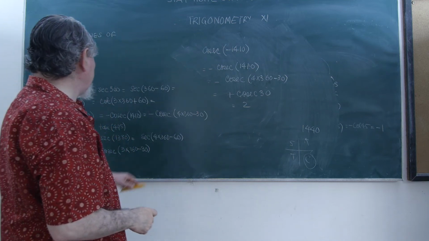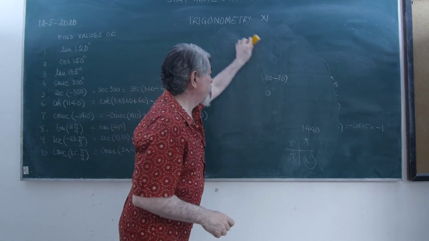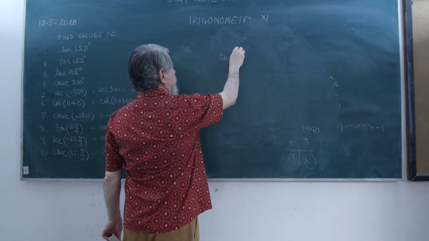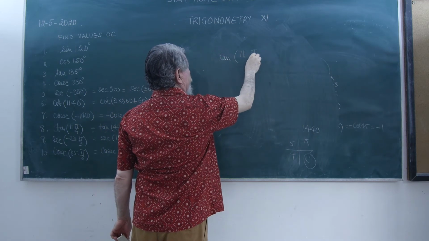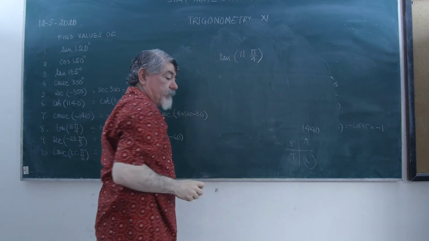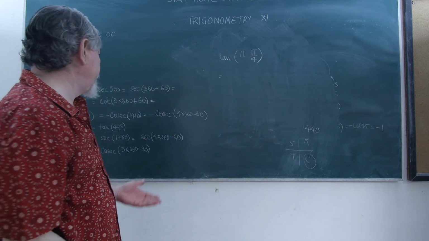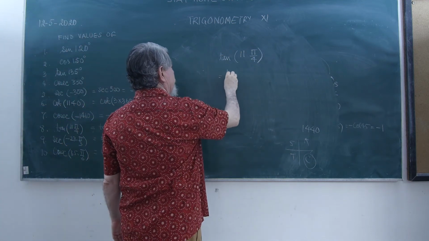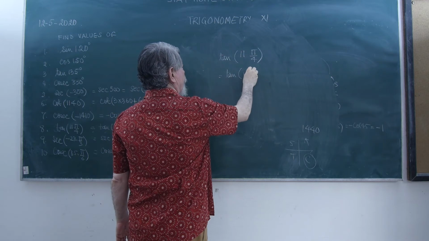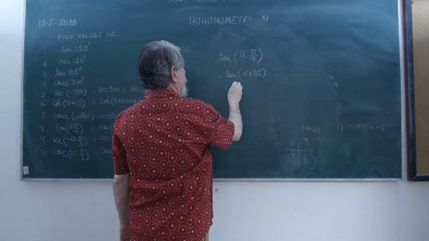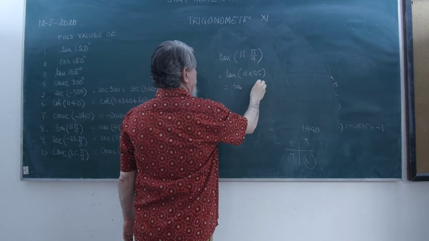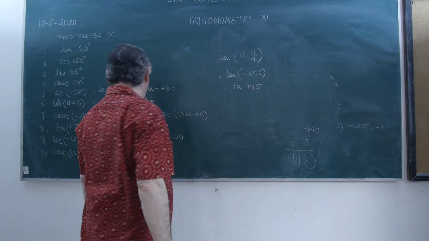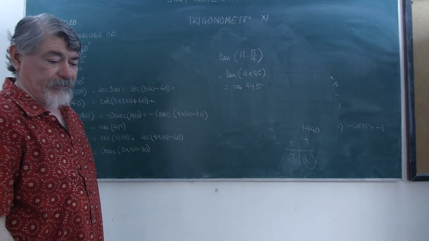Now let us see tan 11 pi by 4. Simple way: pi by 4 is 45. So you multiply 11 into 45 and you get 495.